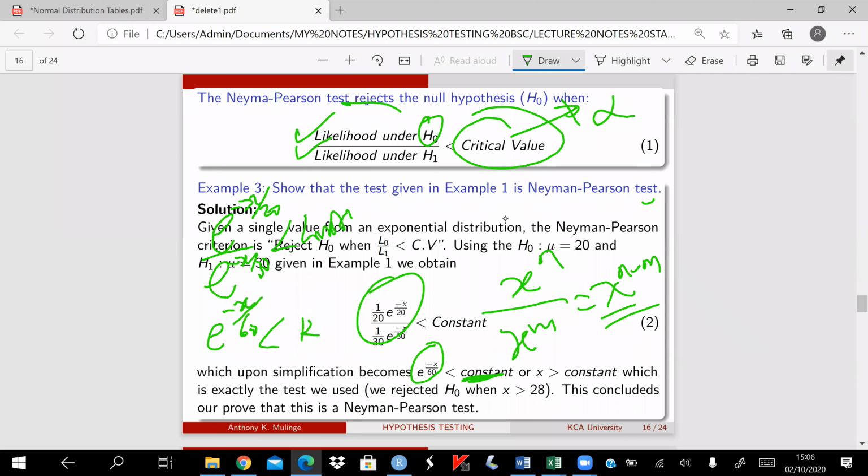Remember, we are looking for this x. We can make x the subject of the formula here by taking natural logarithms both sides.